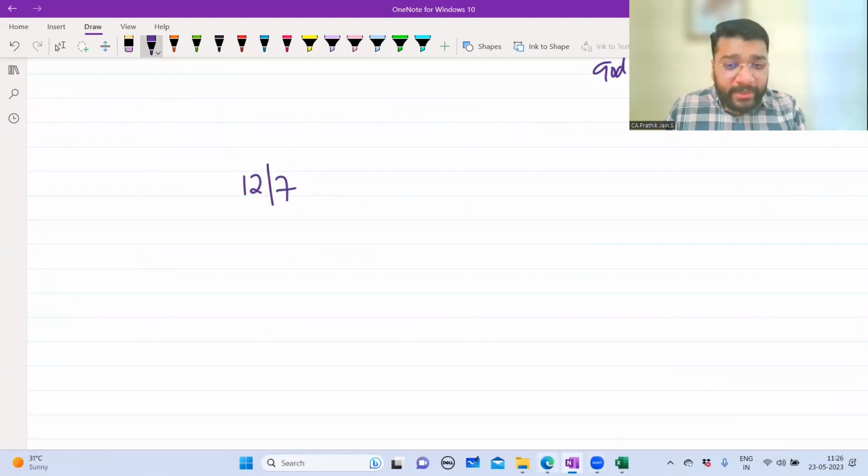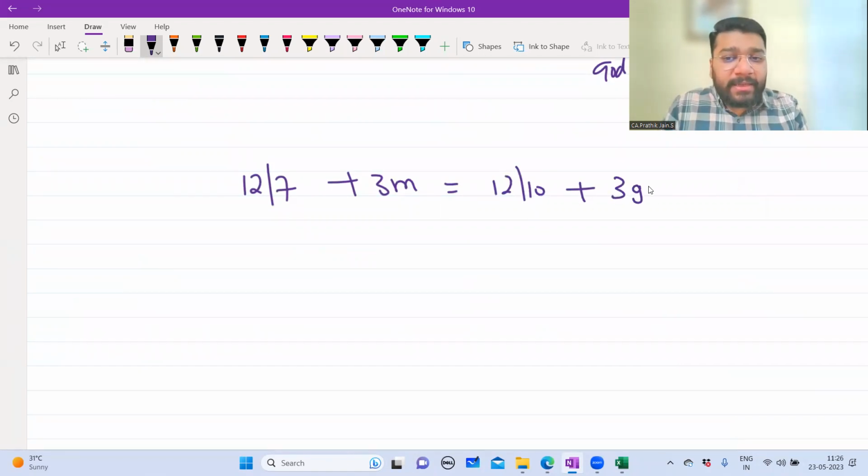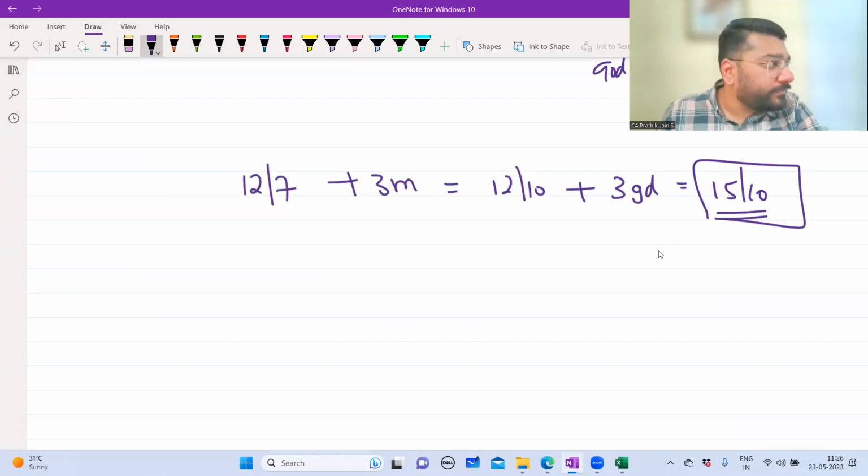Plus, what is the credit period? 3 months. So, plus 3 months is equal to what? So, 12th July. So, August, September, October. So, 12th October is the due date. Plus 3 grace days is equal to 12 means 13, 14, 15. 15th October is your maturity or the due date.